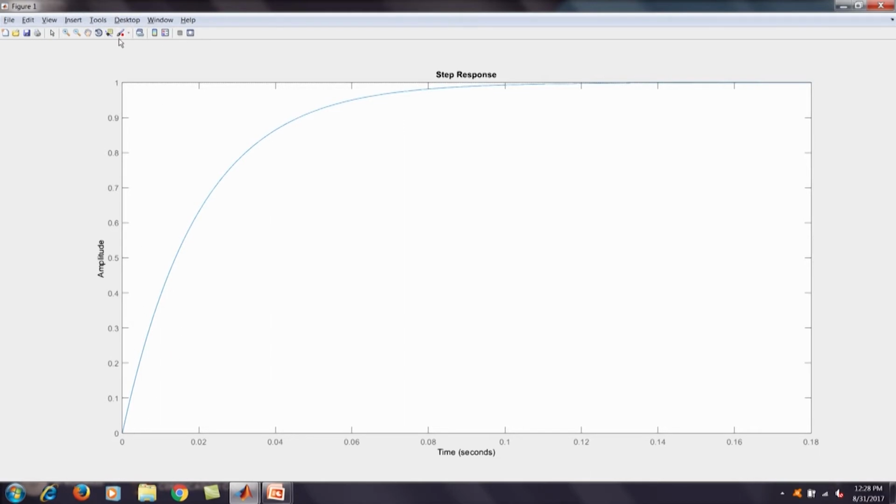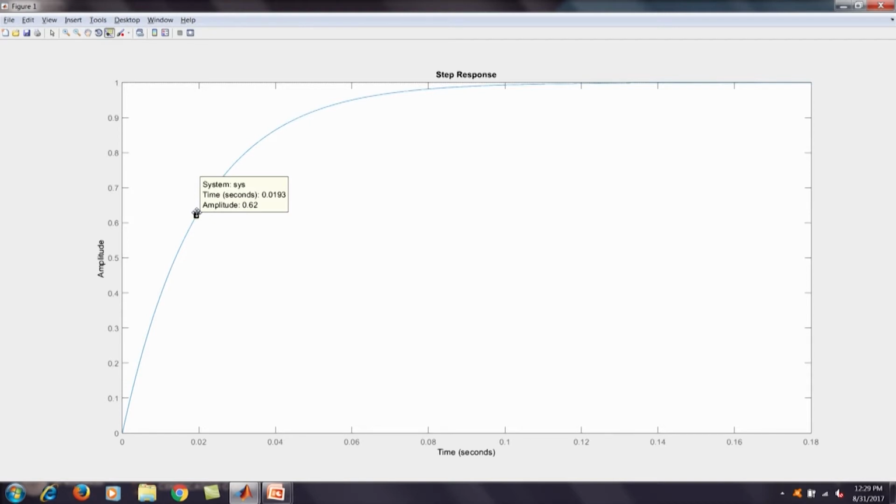And if we take this cursor here, we can see the amplitude is 0.62, and it is happening at time equal to 0.0193 or about 0.02.